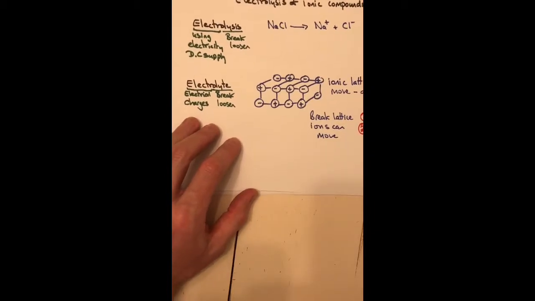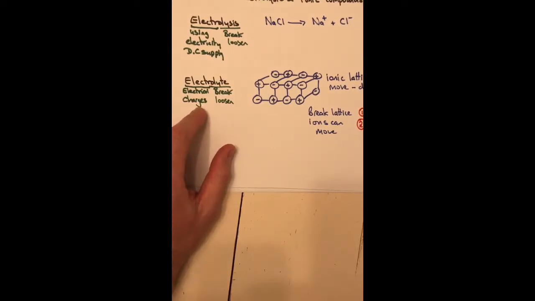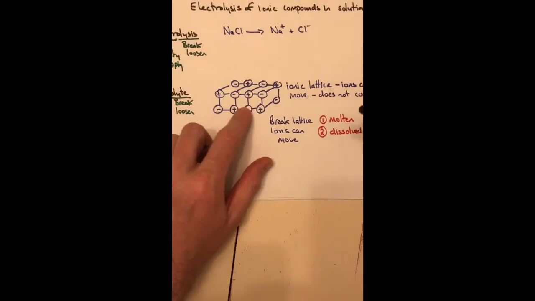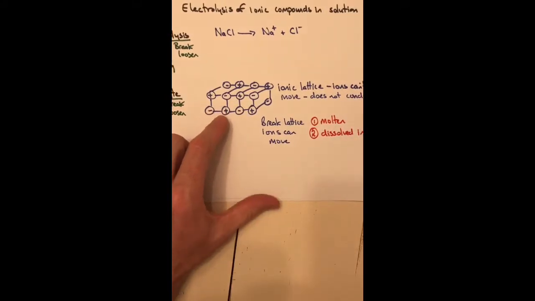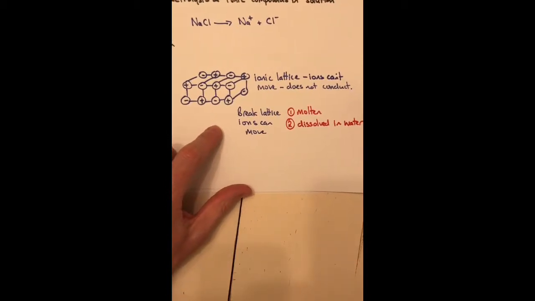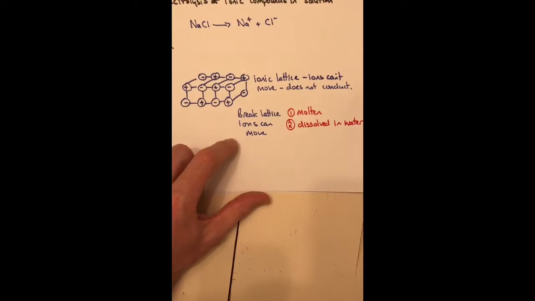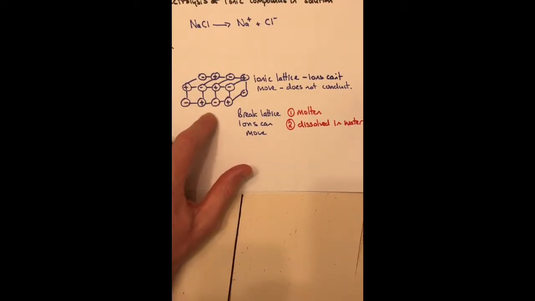The other key word that we'll be talking about is electrolyte. Again, electrolyte means breaking or loosening, and this is going to give us these electrical charges. In our example, we have an ionic lattice, and if you remember, an ionic lattice is held together so the ions cannot move by the electrostatic attractions between the oppositely charged ions. So this means it cannot conduct electricity.